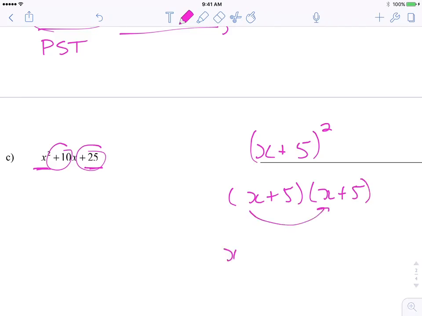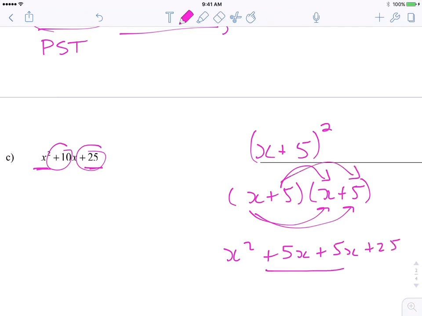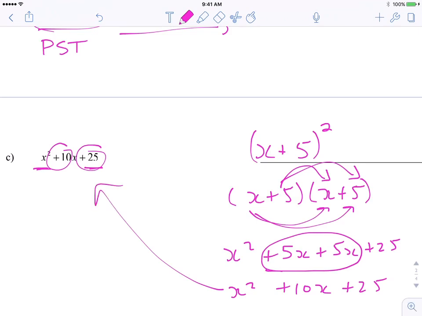X times x is x squared. X times positive 5 is positive 5x. 5 times x is also positive 5x. And 5 times 5 is positive 25. And these two like terms add up to positive 10x. So x squared plus 10x plus 25, which is what we have in our question.